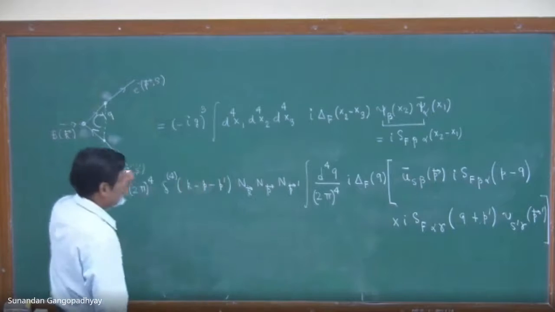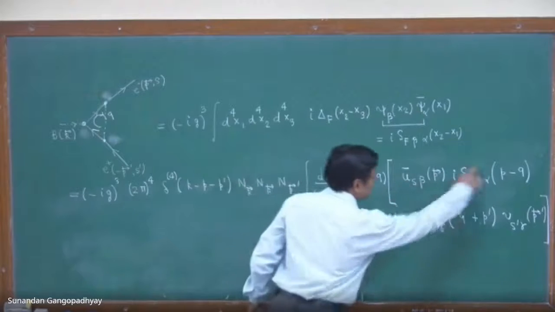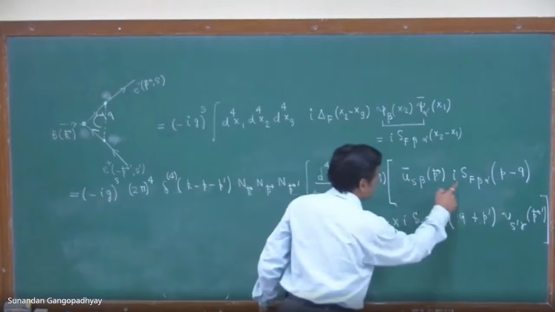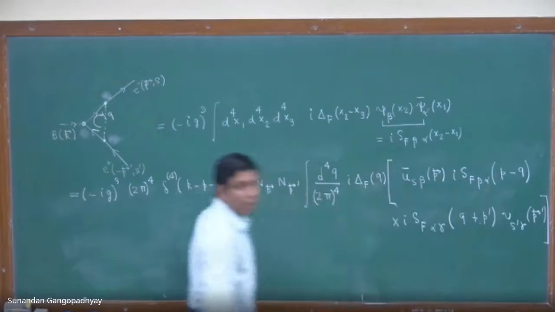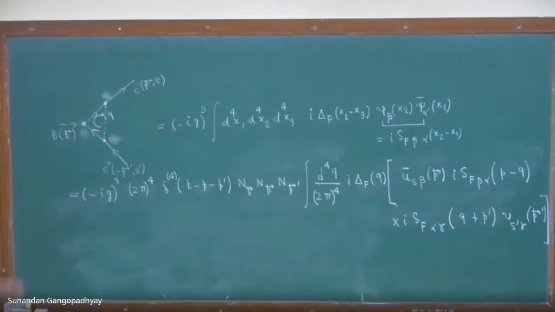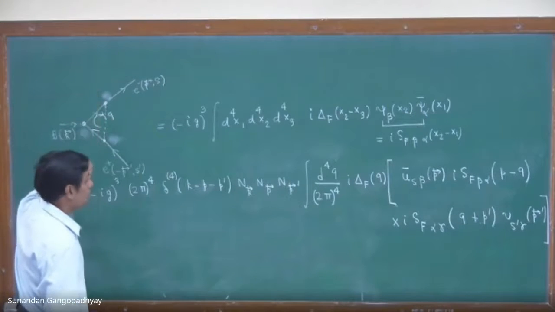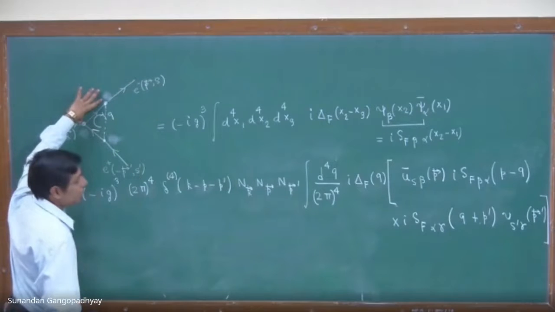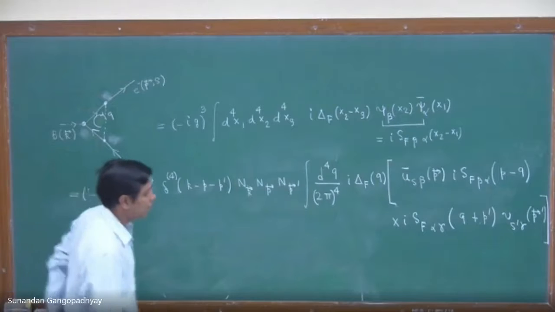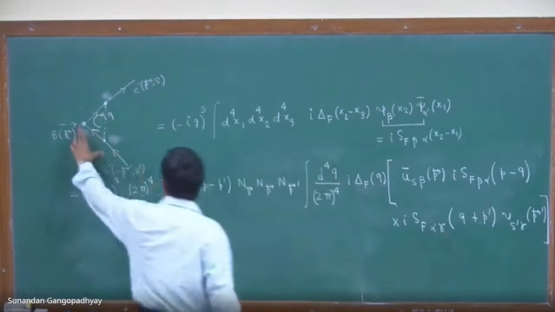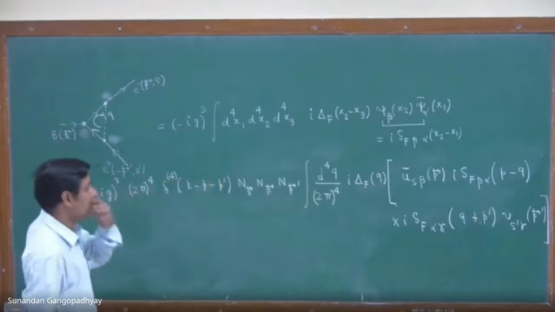Then we have the fermion propagator, written in a nice matrix form: u bar s beta, I S F beta alpha, alpha gamma, and so on. This propagator is I SF of P minus Q, so its momentum is P minus Q. And this propagator that we have here has momentum Q plus P prime, and then it ends with P.